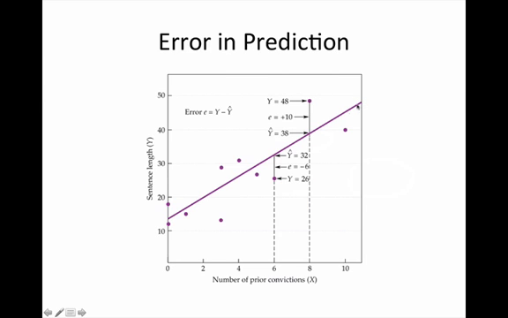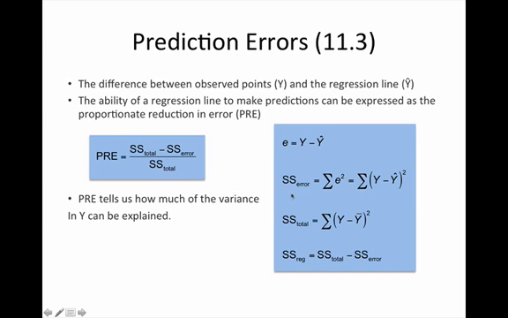So back here, I can see that this is the regression line, and then I have individual scores that vary. If I want to know the sum of squares for error, I want to look at all of these points together and come up with one number that tells me on average how far those points are from the regression line. And that's what the sums of squares for error will do.